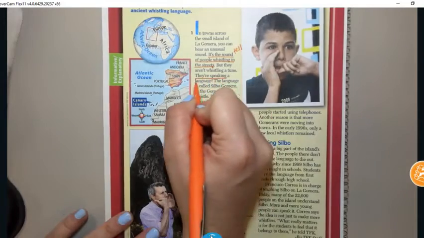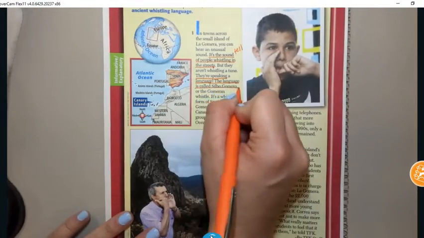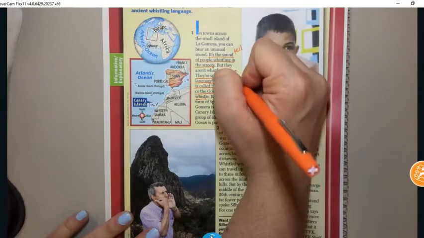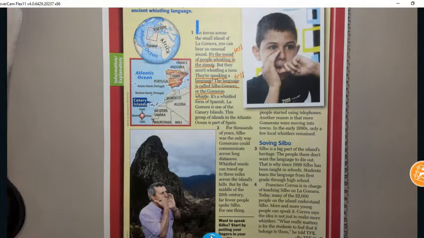They're speaking a language. Also a tell. The language is called Silbo Gomero, or the Gomeran whistle. They're not describing anything. They're not making you think of a specific image. They're literally just telling you the information. They're speaking a language, and the language that they're speaking is called a Gomeran whistle.